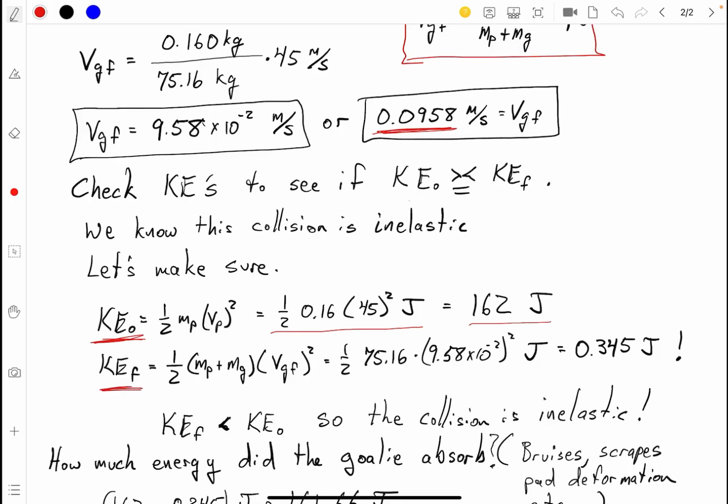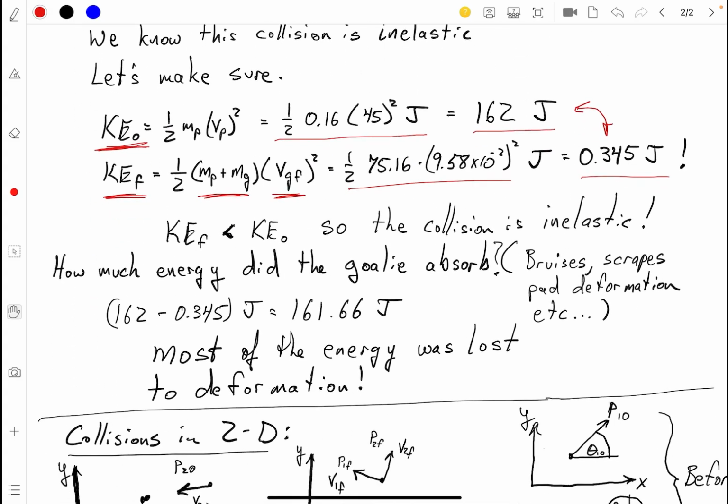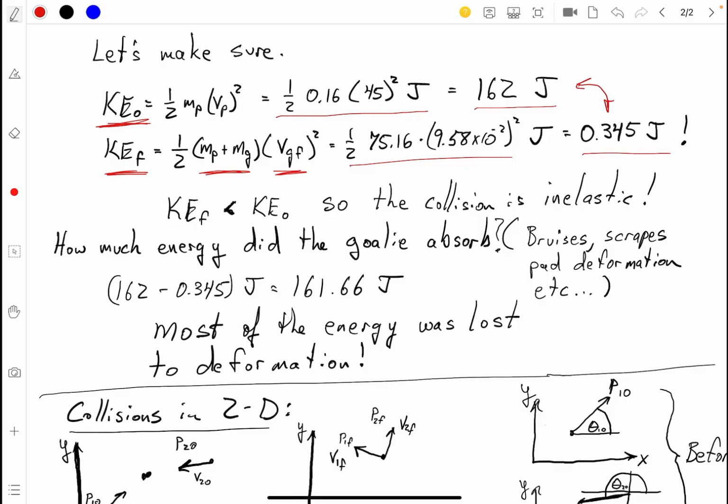What's the final energy? Well, that would be the mass of the goalie plus the mass of the puck, times the velocity of the goalie finally, squared, divided by 2. Good. You do all that, and you end up with 0.345 joules. That is small, right? Comparatively, relatively small. So, in fact, we end up saying that the kinetic energy final is less than the kinetic energy initial. So our collision is inelastic, and that means we lost energy.